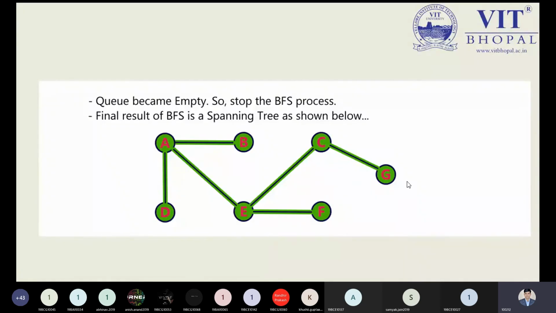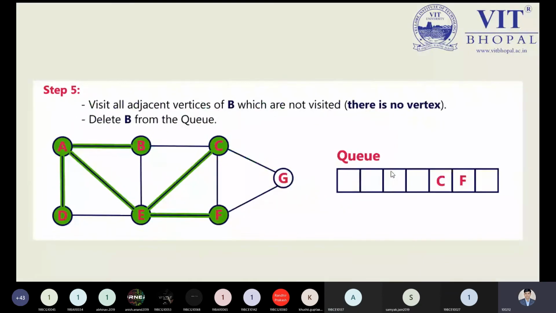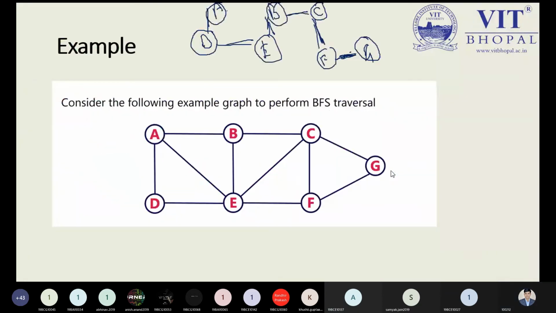Which value you choose depends upon you. So you have chosen D first. Yes, sir. Okay, so the spanning tree of BFS or DFS may vary depending upon the choices. Now your answer was this one.